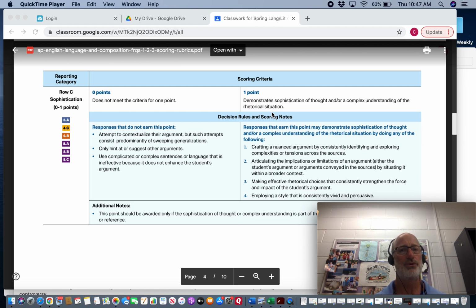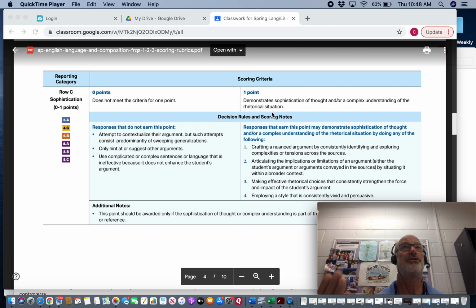And remember, the rhetorical situation is the triangle: the rhetor, ethos; the audience, pathos; and the exigence, or the logos. So you need to establish your credibility by your argument making sense and being organized and thoughtful, bringing in support from the documents that you're choosing.